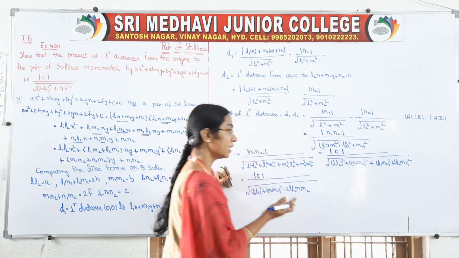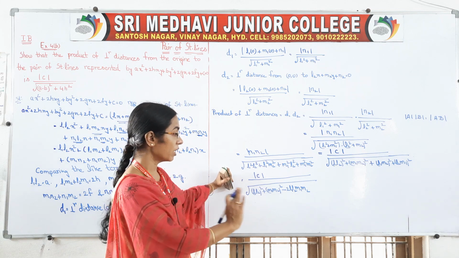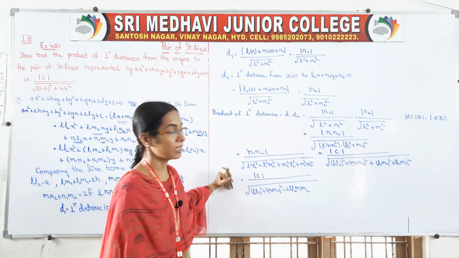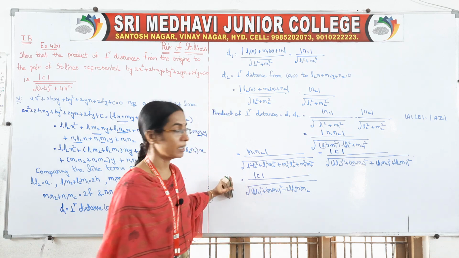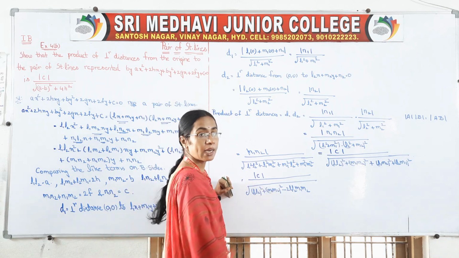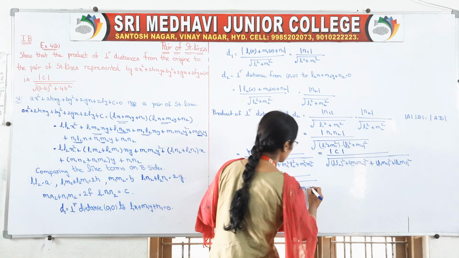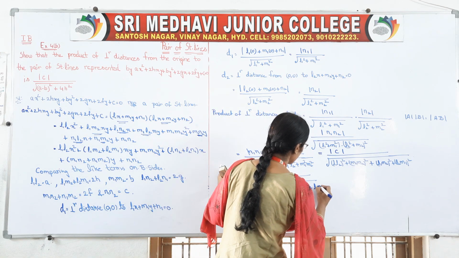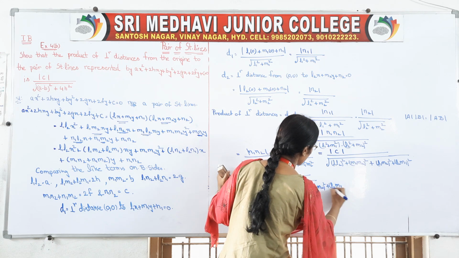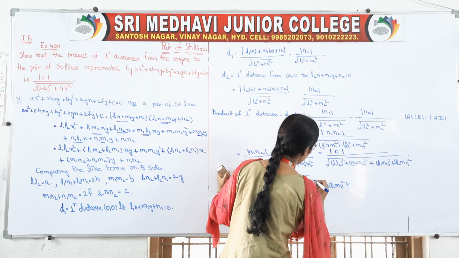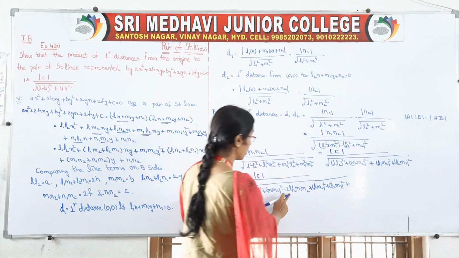If it is deducted, it should be added, right? Then only the problem will be balanced. In mathematics, if anything is deducted, that should be added. We cannot simply do the deduction. So plus L1 M2 whole square plus L2 M1 whole square. Here I am adding the value.